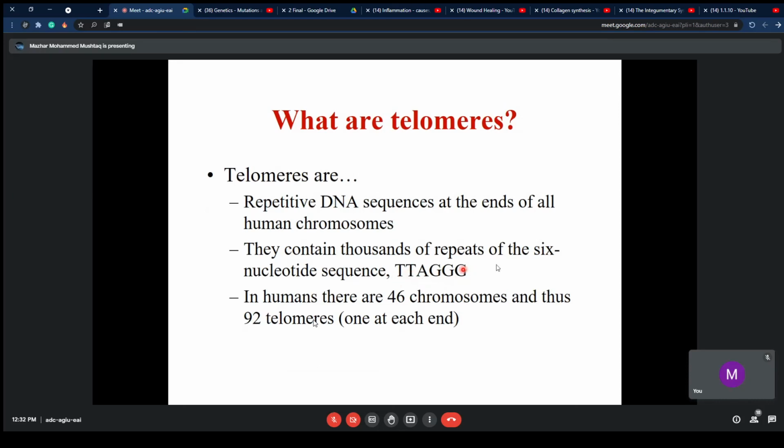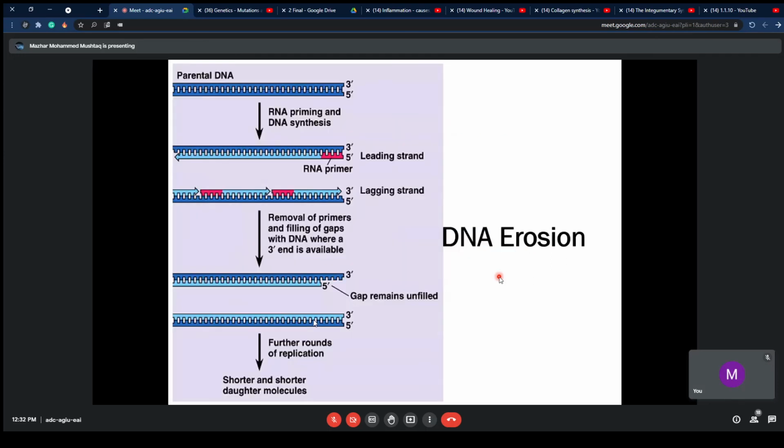This is repeated many times, and such sequences are only present at the end of the chromosome. And telomerase is the enzyme that takes care of this short sequence at the end of the chromosome, and it keeps the end of the chromosome the same length as the parental DNA, as it is shown here.